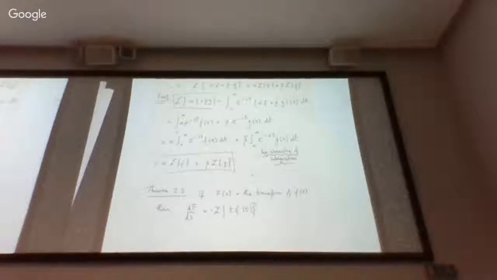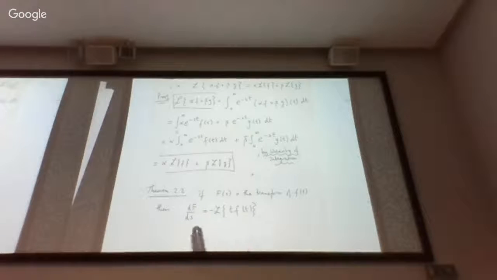So we'll talk about an application of this after we prove it, but you can see something about its utility here. If you know the transform of f, then we've got a nice way to get the transform of t times f. We just differentiate the transform of f. That's what it's saying.